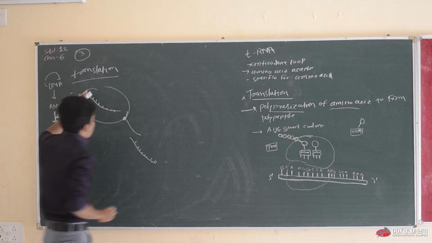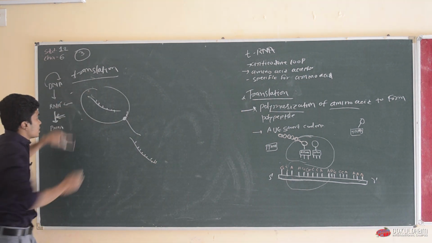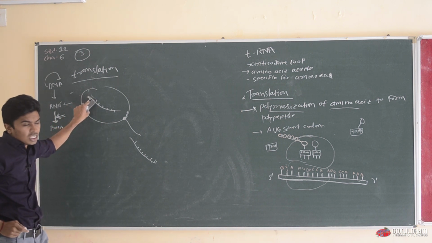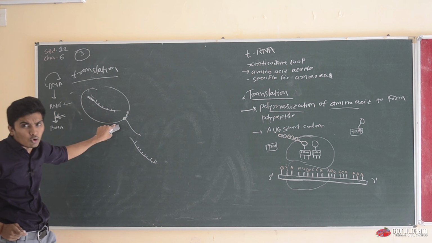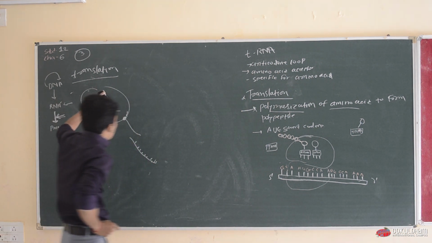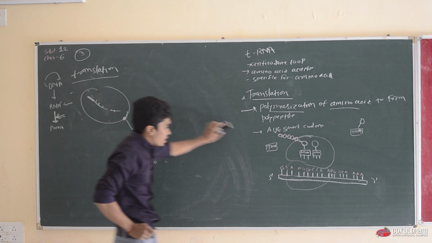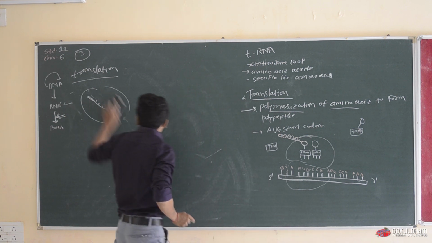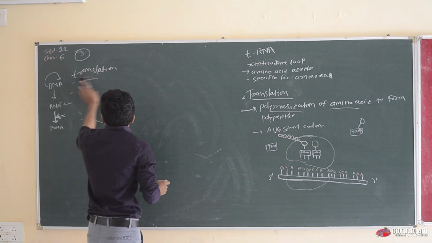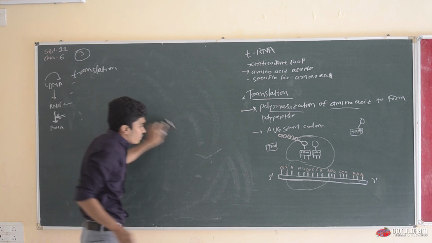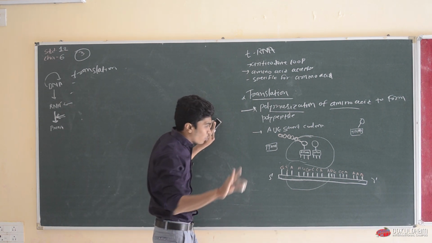Okay, this is mRNA, which forms inside the nucleus and comes out from the nuclear pore into the cytoplasm. Consider this is the nucleus and all these regions are cytoplasm. Now we are in the cytoplasm.